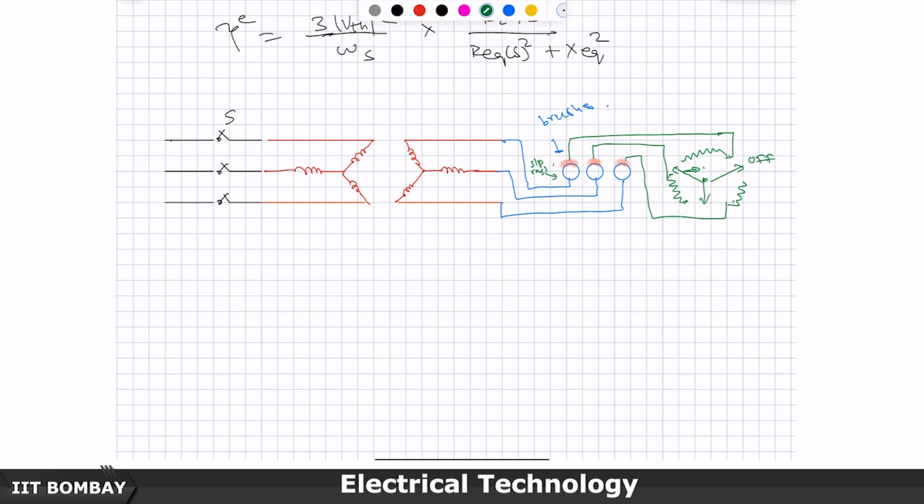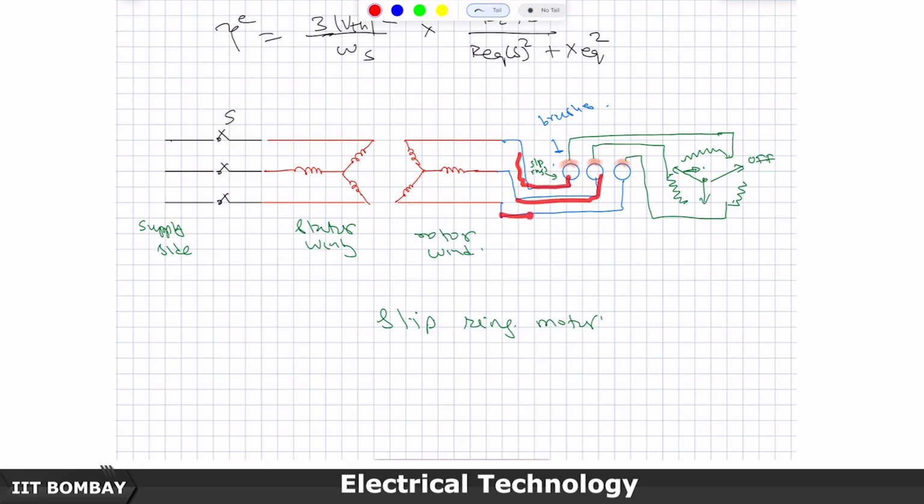So, this is the supply side, this is the stator winding, and this discussion, whatever I am doing right now, is only valid with respect to the slip ring induction motor, and in a slip ring induction motor, stator winding, rotor winding, the one set of contacts of the rotor winding is here in the star connection, other sets are made available outside, and then they have been brought out to some kind of slip rings, with carbon brushes, this side is sitting outside, somewhere keeping the box here, something like that.